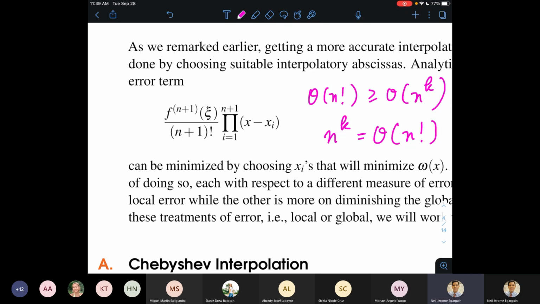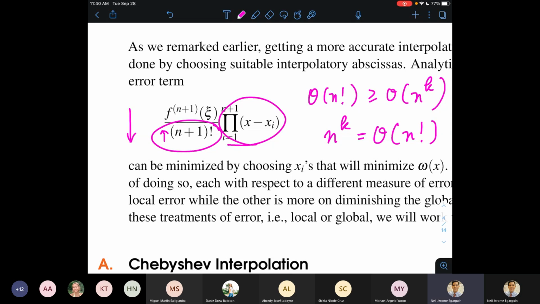Okay? Meaning factorials always bound any polynomial of any degree. So, ibig sabihin, pag pinalaki ko pala si n, kahit lumalaki yung degree nito, mananalo pa rin yung magnitude ng factorial. But that factorial resides in the denominator. So, ibig sabihin, mas lumalaki yung denominator, mas lumiliit yung product.